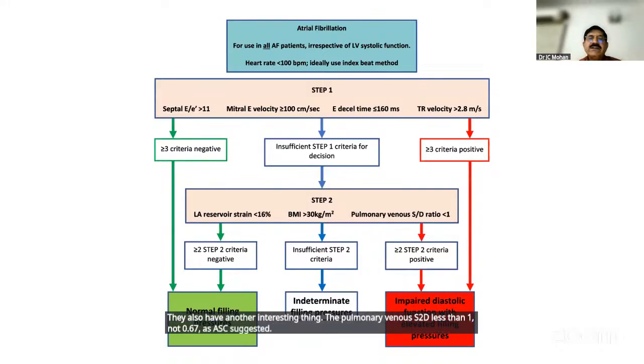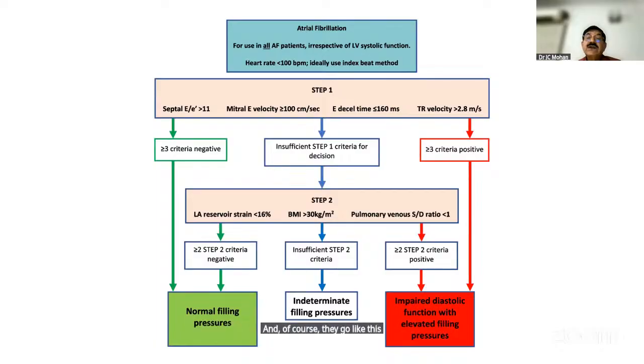They also brought in, in step 2, body mass index of more than 30, which wasn't present in the American Society of Echo 2025 criteria. And of course, the first 4 are very similar, and you have already known the first 4, step 1 was similar.